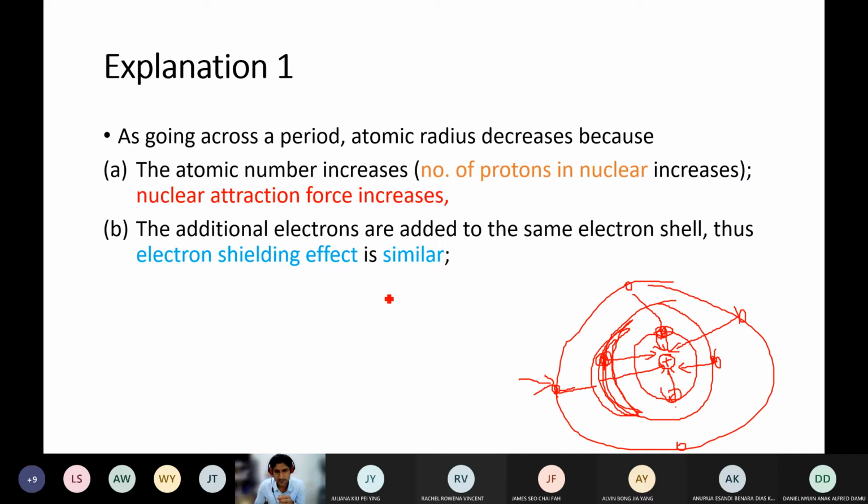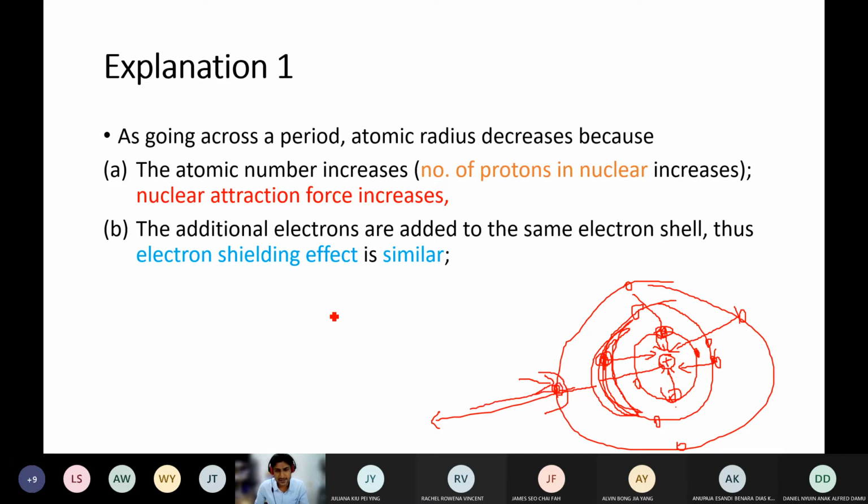If this electron has to be removed, it is easier because there are more electrons nearby the nucleus shielding it. Now imagine a big atom, where the size of the atom is very big and the number of electrons is very large.